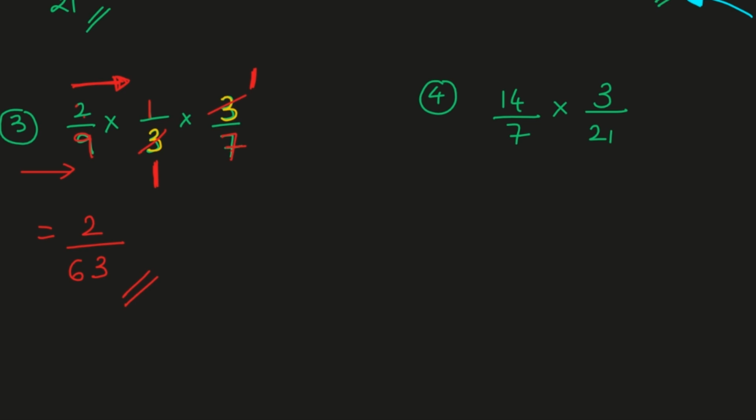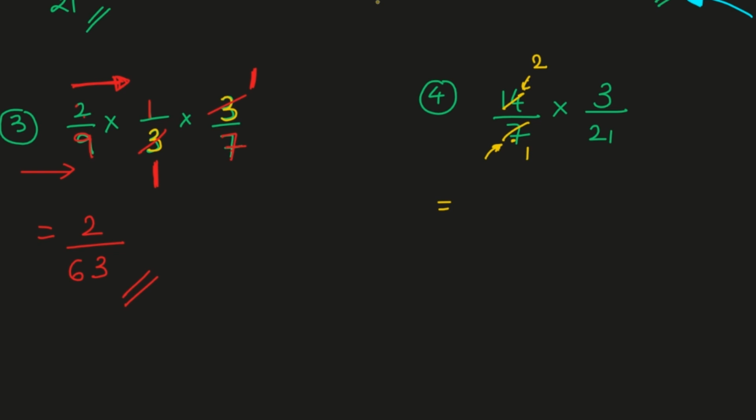Let's go to the fourth question: 14 upon 7 into 3 upon 21. You know that this 14 and 7 can both be divided by 7. 14 divided by 7, it's 2. 7 divided by 7, it's 1.